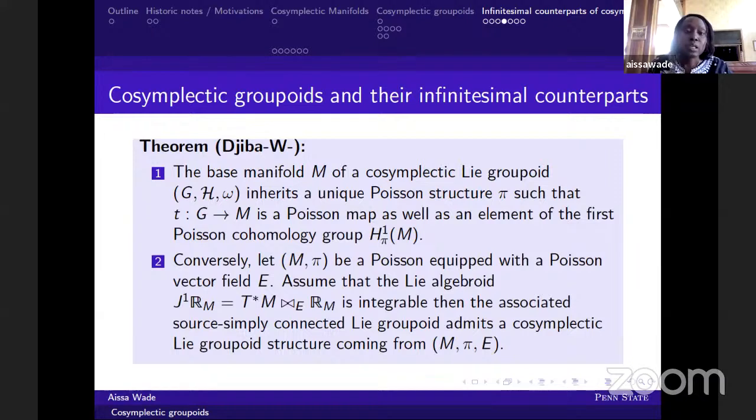So we have two things that we get from the cosymplectic structure: of course a Poisson structure, but also a Poisson cohomology class.